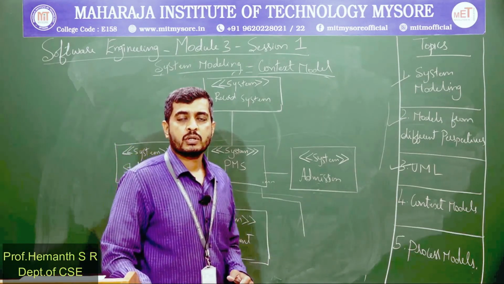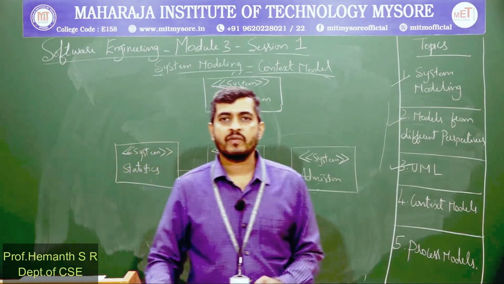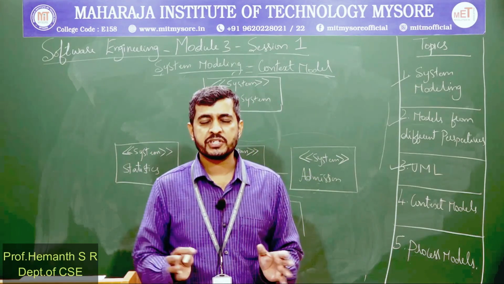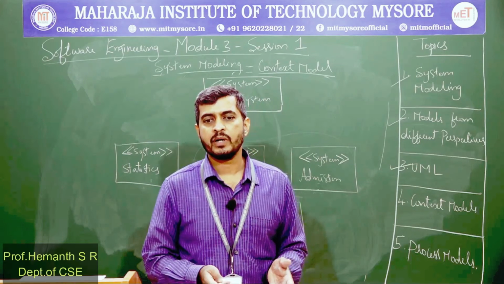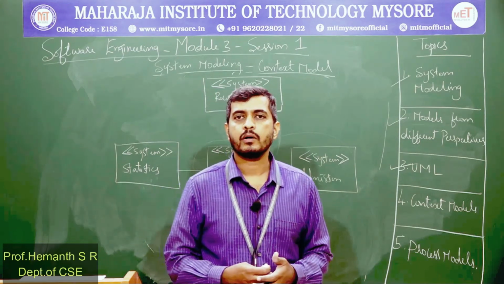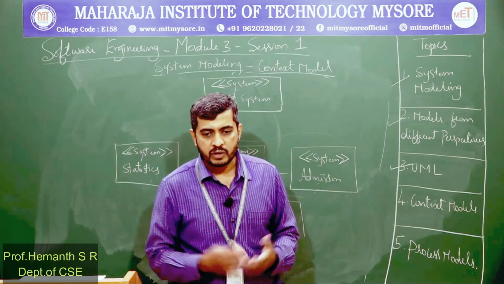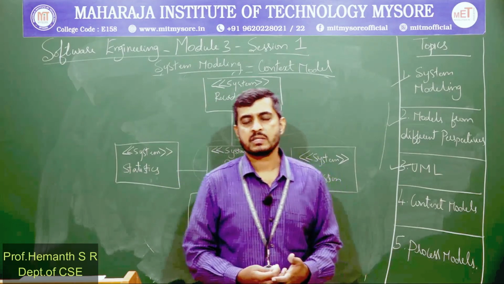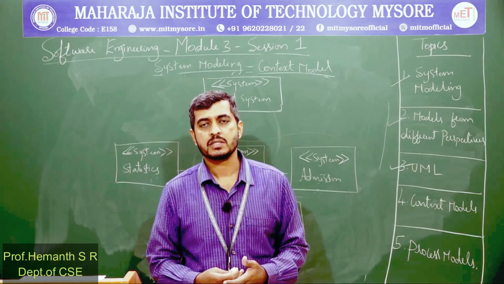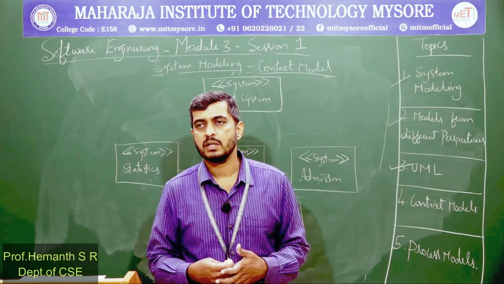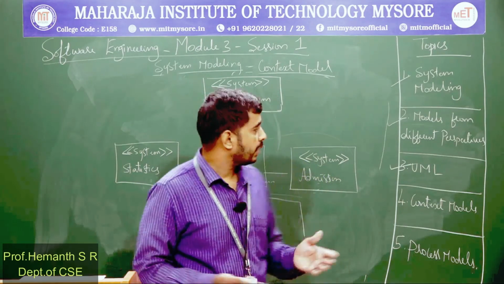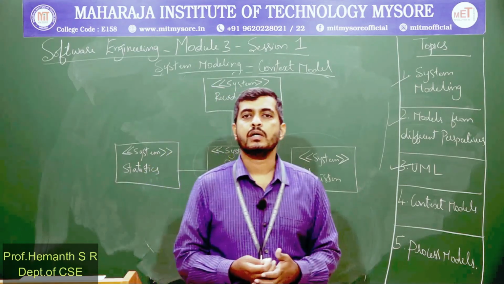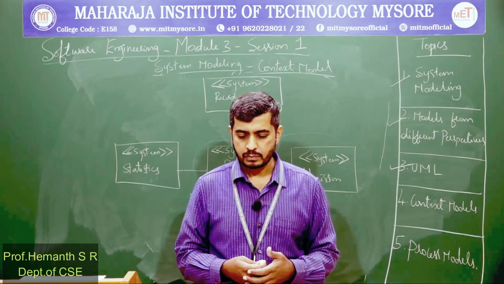So in this session we understood what is system modeling, and where exactly it fits in the software engineering process. We understood, once we are done with the requirements and we are out with a design plan, we need a mechanism to present our plans, to document our plans, to demonstrate our plans, and the best way of doing it is using graphical illustrations, and that is where system modeling comes into the picture.